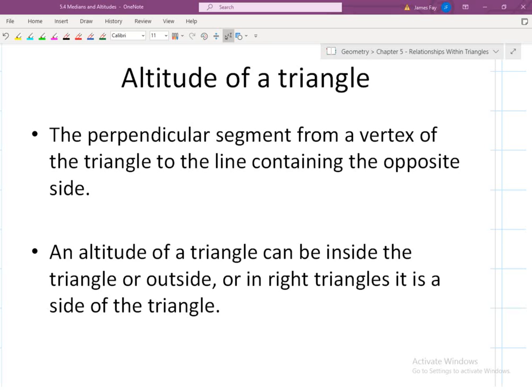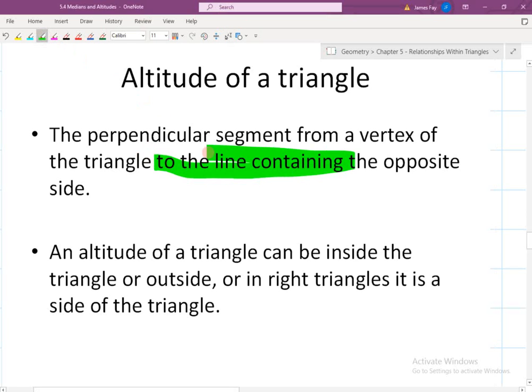So that's what we're talking about. Altitudes, specifically for a triangle, start with a vertex and go to the line containing the opposite side. And that's a key phrase there: the line containing the opposite side. Why don't they just say to the opposite side? Why do they have to add this here? Hopefully I will have a demonstration for you that explains this.